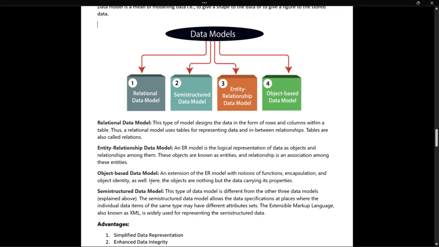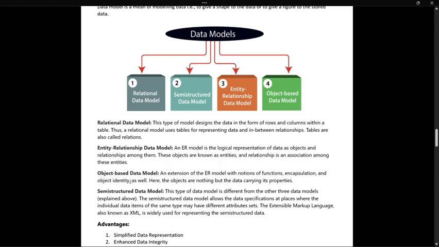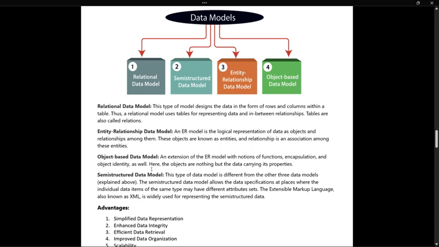It also uses functions, encapsulation and object identity to make a data model. Here the objects are nothing but data carrying its properties. The entity relationship data model we will look at in depth in the second part of the first unit. Okay, and next one is the semi-structured data model.